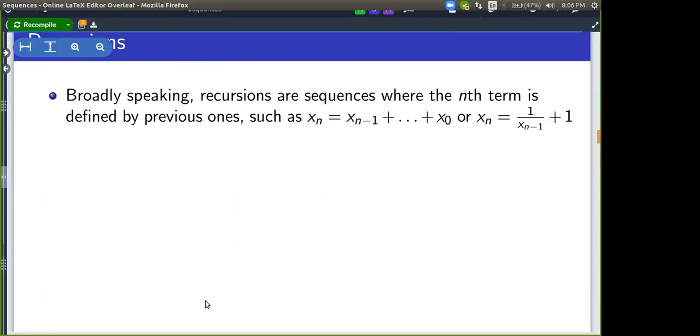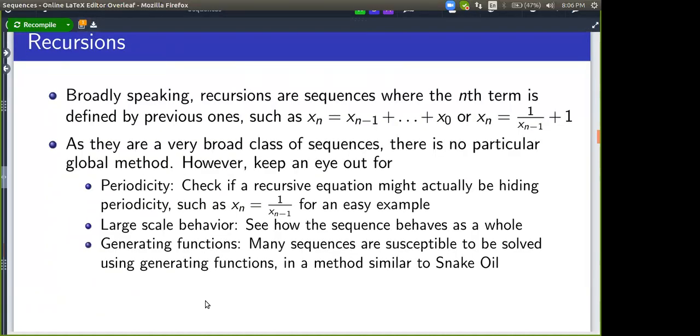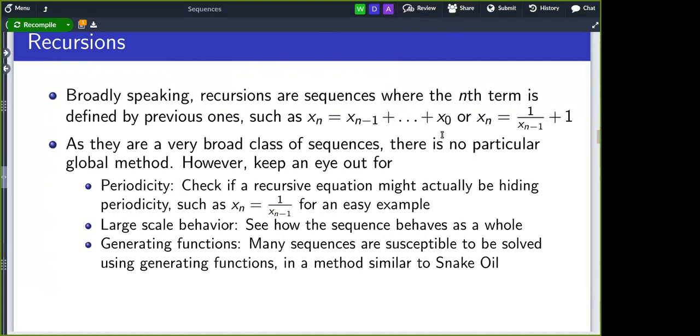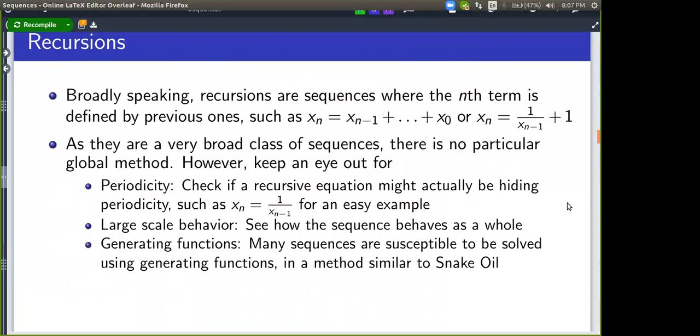There's not just one technique that works for all, but a few things we can try are periodicity, checking if the sequence returns to its initial values at some later time, and large scale behavior, what happens to the sequence as a whole. And generating functions: we're going to do an example where we use generating functions, so it would be helpful if you remember some of the techniques we taught about generating functions last week.